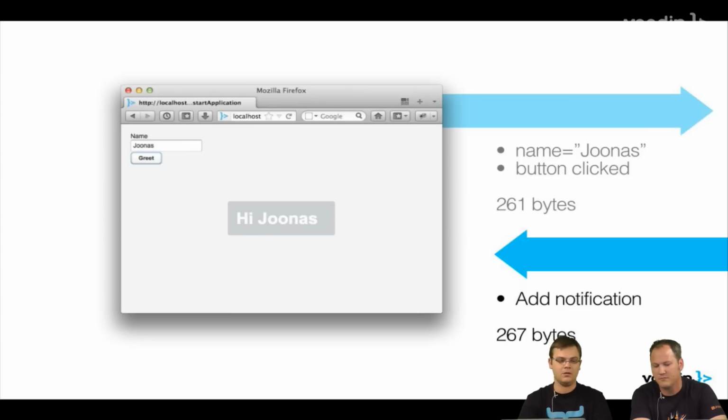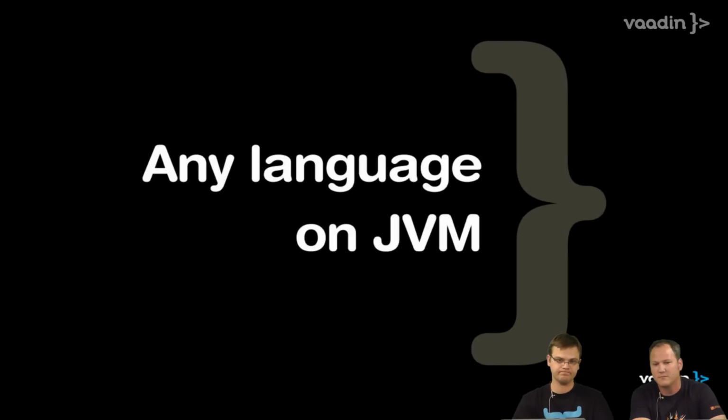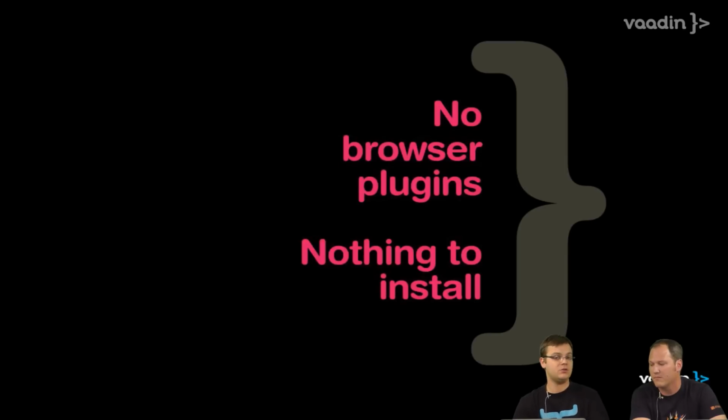So you might wonder, what are the benefits of using Vaadin as your UI framework? First of all, you can use pretty much every language that runs on a JVM. That includes Groovy, that includes Scala. Actually, there is a pretty nice add-on that is called Scaladin. You don't need browser plugins to run your application.